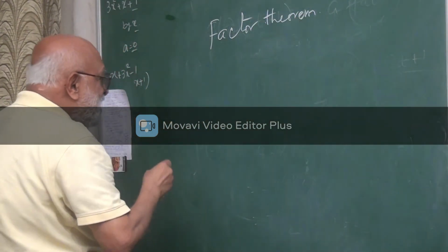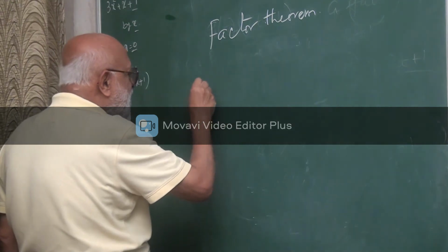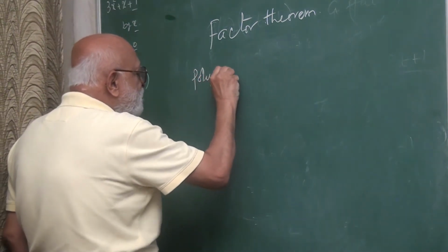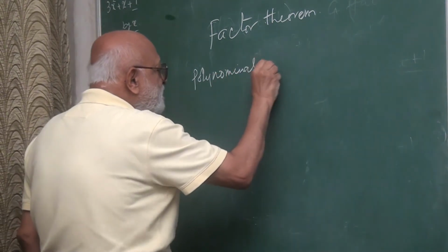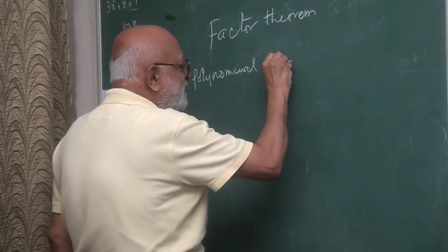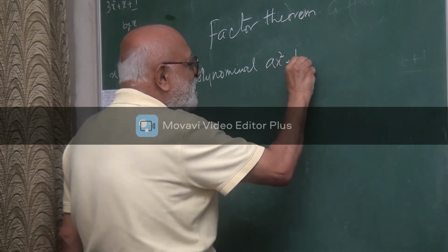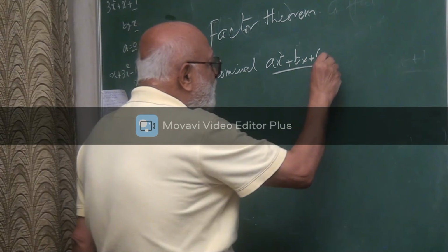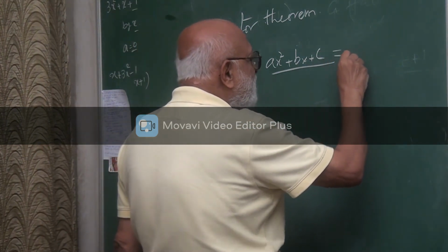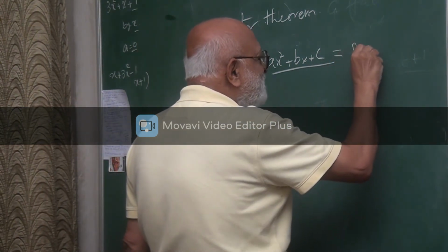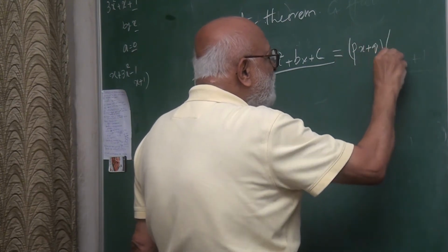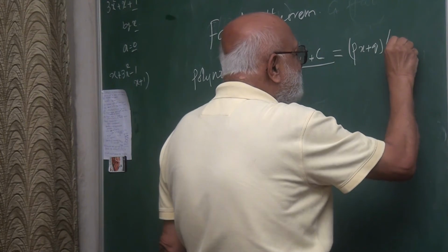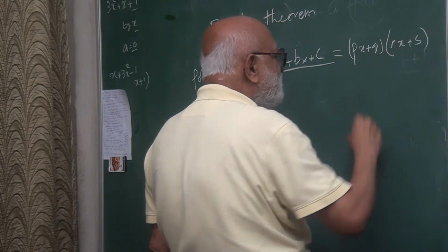that if I have a polynomial which is ax square plus bx plus c, this is my polynomial. What will its factor be? Let it have a factor (px plus q) into (rx plus s).